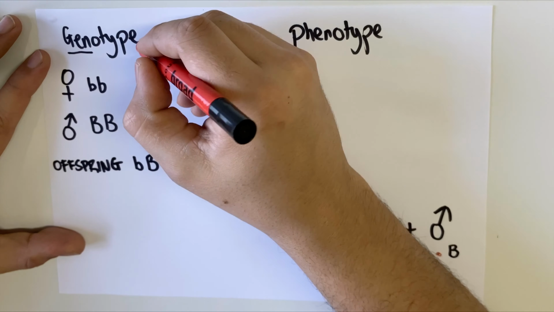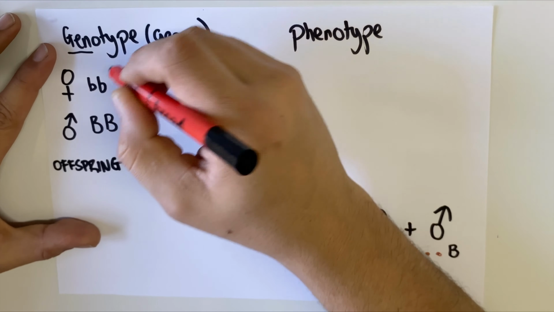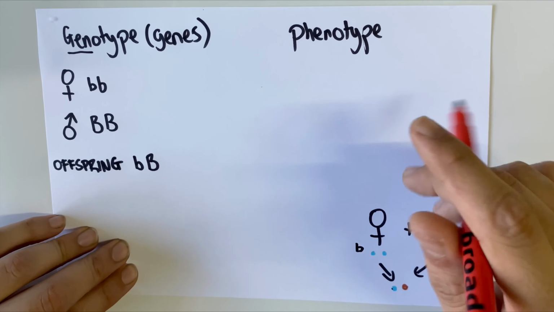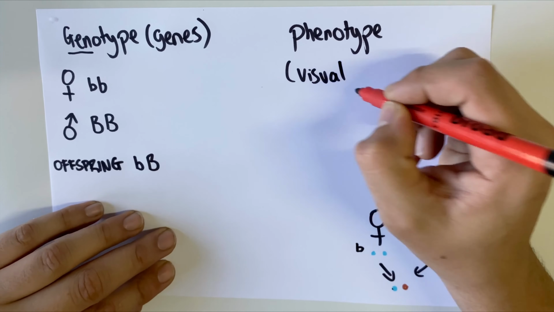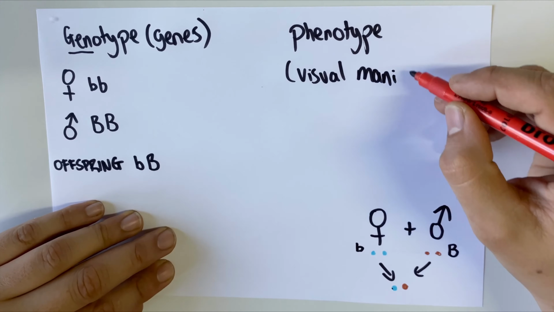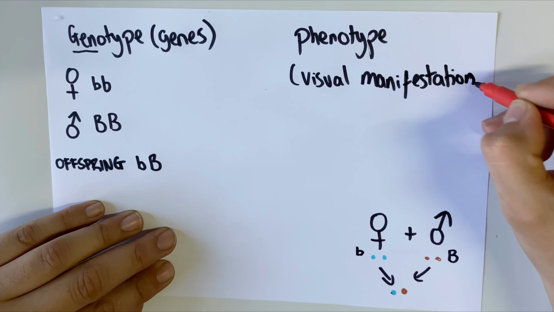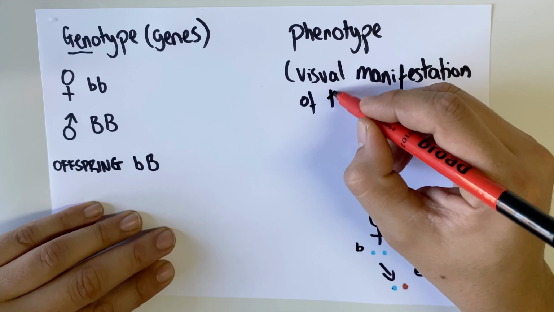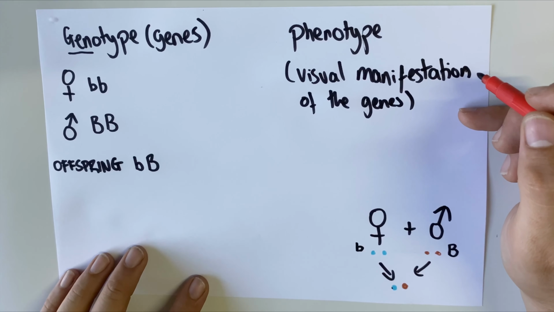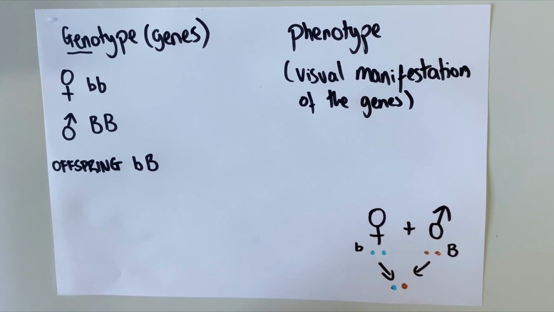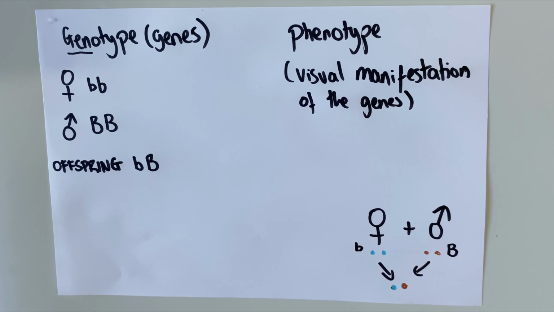So the genotype is the genes carried by a particular organism, whereas the phenotype is the visual manifestation of the genes. What do we visually see in terms of the genes that the organisms are carrying?